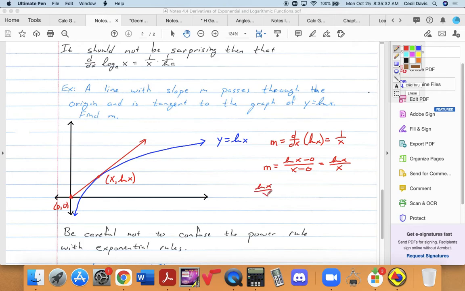So the natural log of x over x is equal to 1 over x, which means that the natural log of x must be equal to 1. Where is natural log of x equal to 1? At x equals e. So the slope is 1 over e.